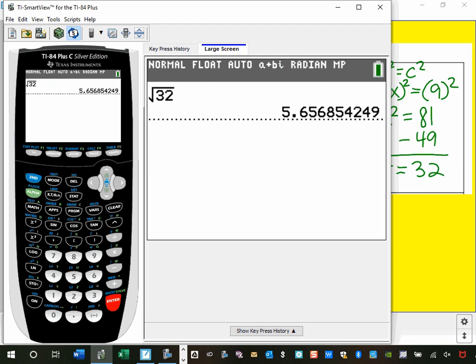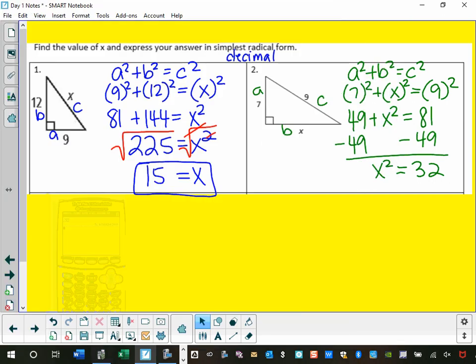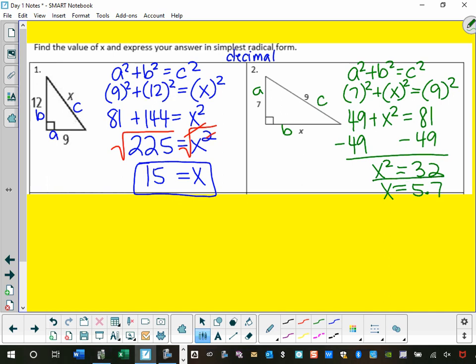So 5.65, that 5 tells my 6 to do what? Go up to 7. So we have 5.7. You can leave it like that. If you wanted to do your factor ladder and make it a simplified radical, you could. But I'm not requiring you to do that. You can just leave it as a decimal.